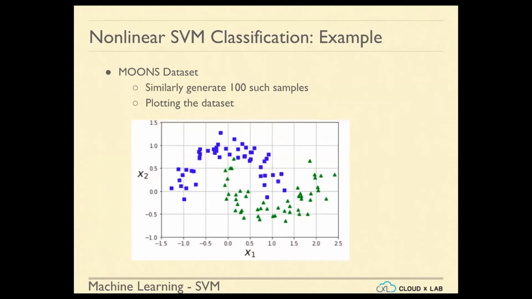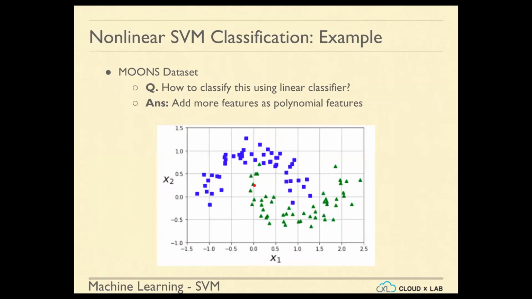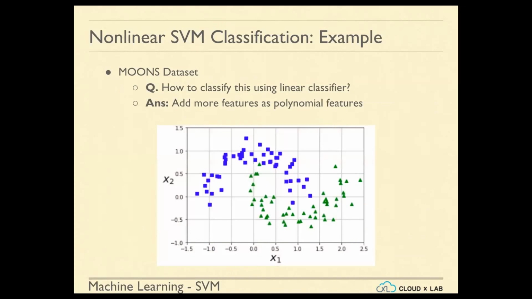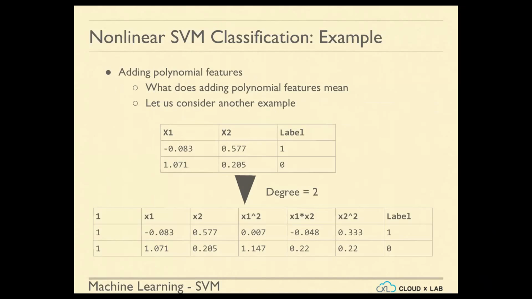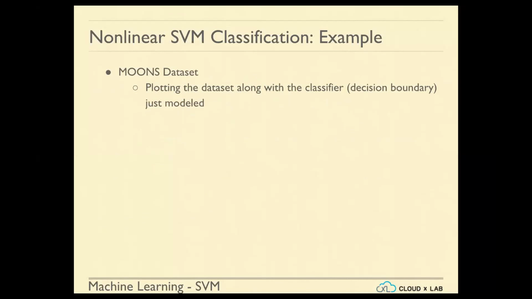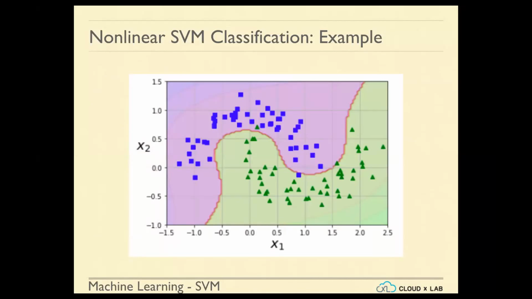These are really complex to separate, right? So what we did was add more polynomial features, and after adding them, we were able to separate it.